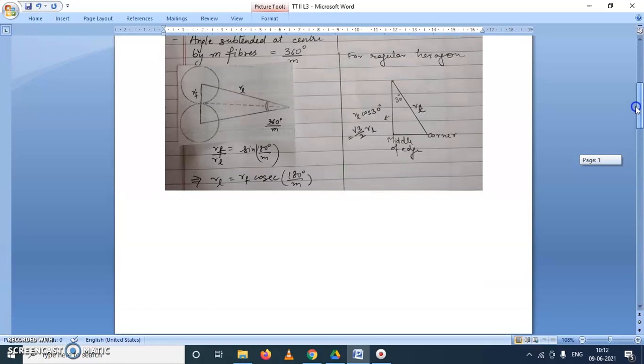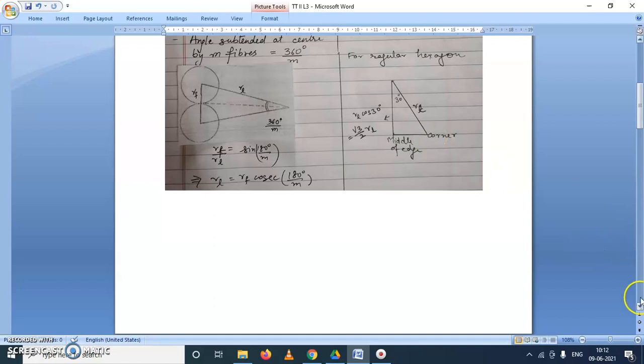And now when we consider the geometry of closed hexagonal packing in a similar way, here we have one issue: what can we consider as radius, because it is not a circle, it is a hexagon. So in case of hexagon, we'll report two things. One is radius at the middle of edge and the other is radius at the corner.